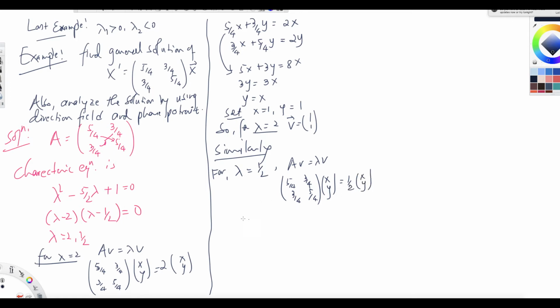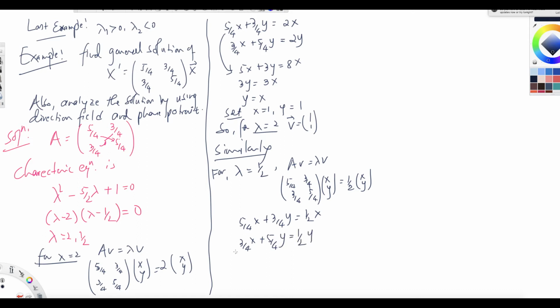Now if you multiply the left hand side, you will get 5/4 x plus 3/4 y equals 1/2 x, right? Similarly, 3/4 x plus 5/4 y equals 1/2 y.